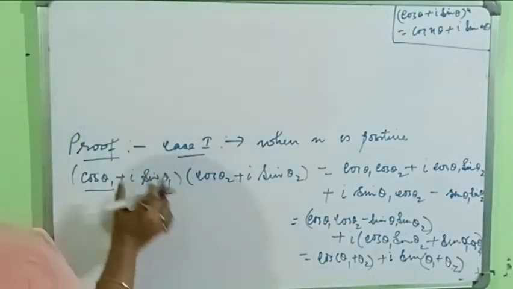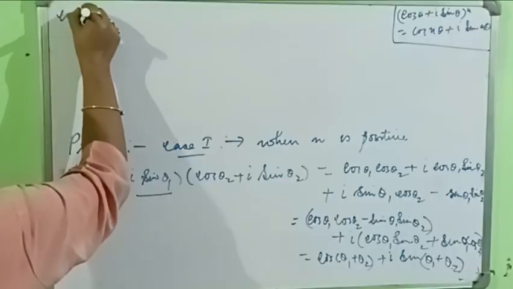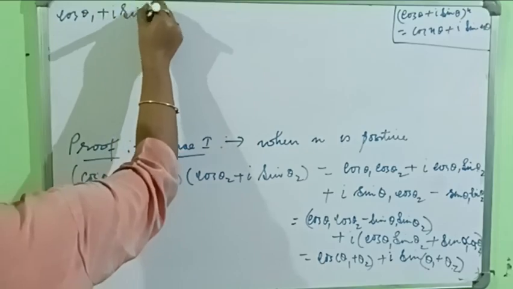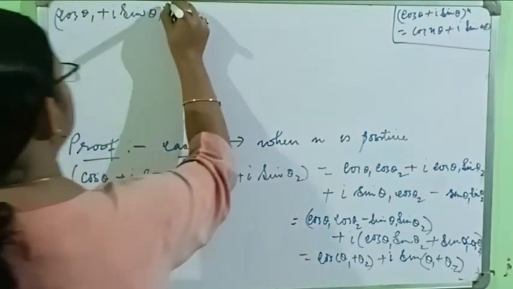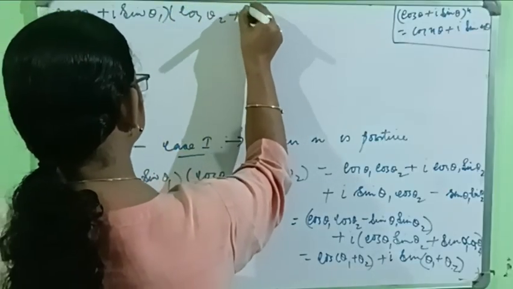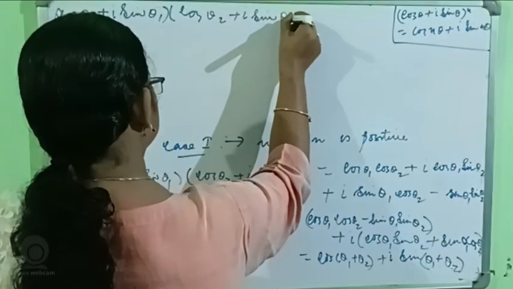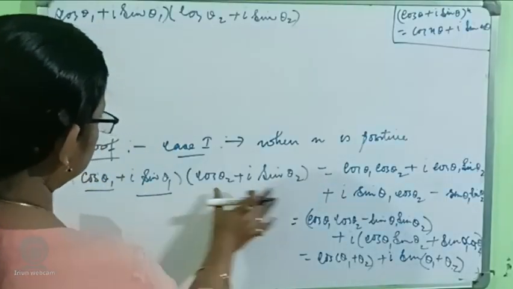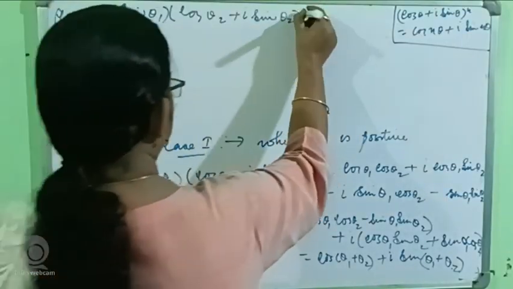That is, this one is this. Write this. Now we are going to consider the product of three terms, theta 1, theta 2, then theta 3.